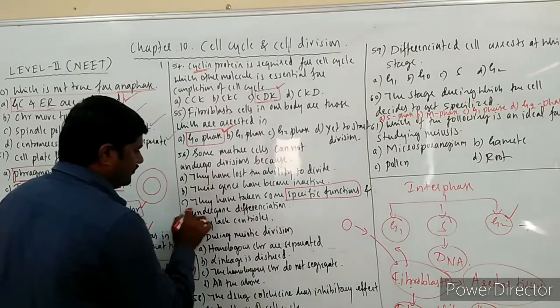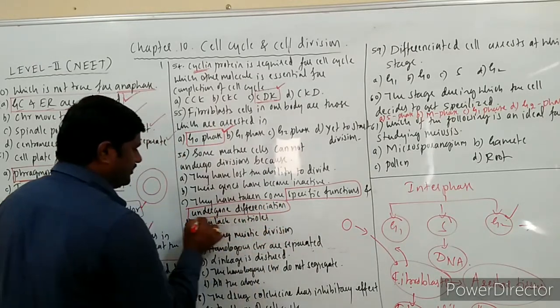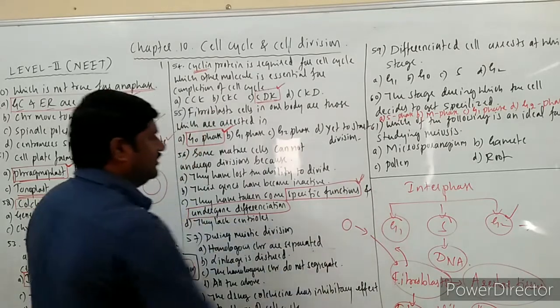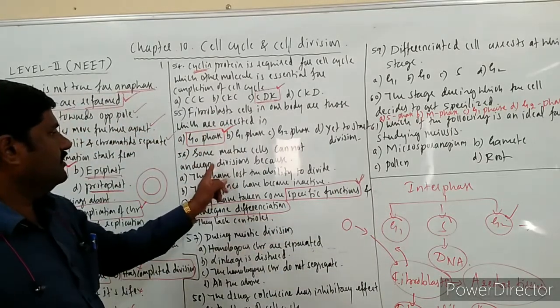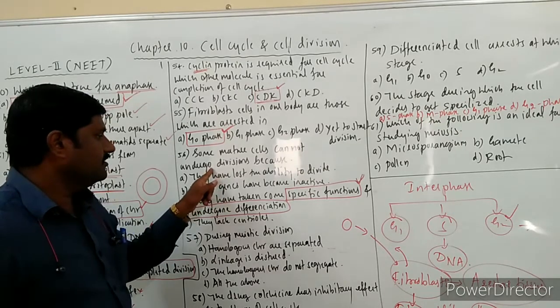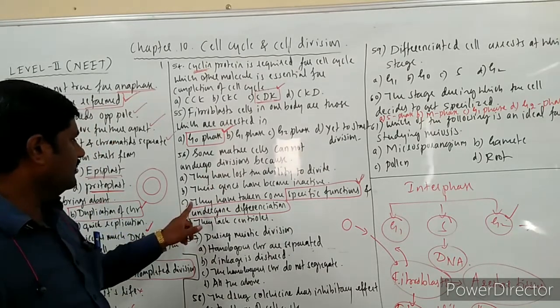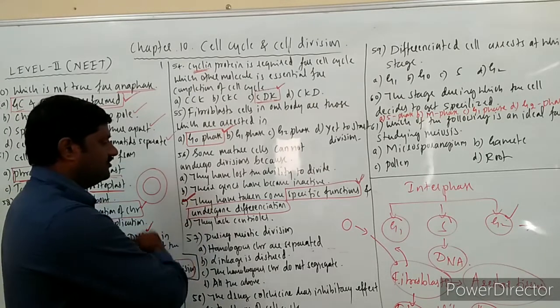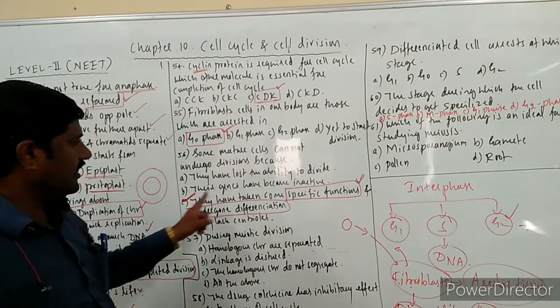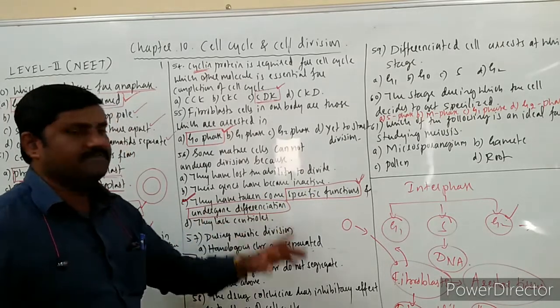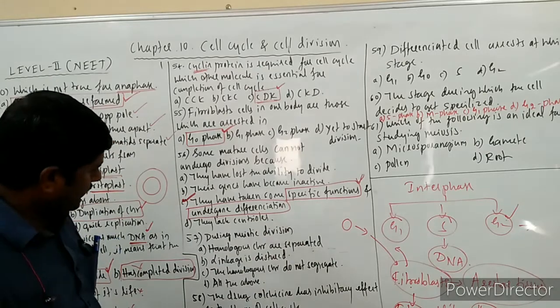So, those cells which have undergone differentiation, as well as start to do one particular function, because of this reason, they do not undergo any further divisions. That's why option C is the correct answer for this question. That is, they have taken some specific functions and undergone differentiation. Right? Next question.